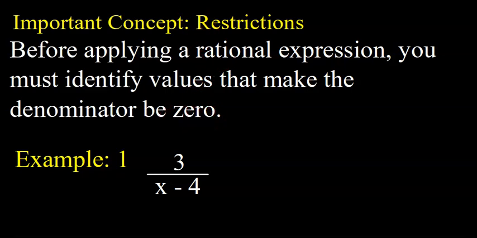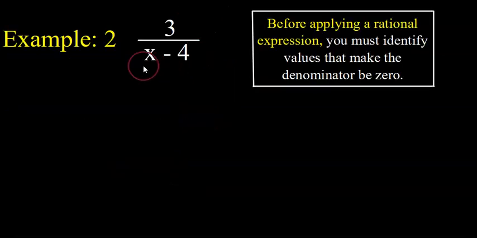Let's look at this example here. The example says to simplify 3 over x minus 4. Let's see if this is an algebraic expression. But look at the caveat on the right side. Before working with a rational expression, you must identify values that make the denominator 0.